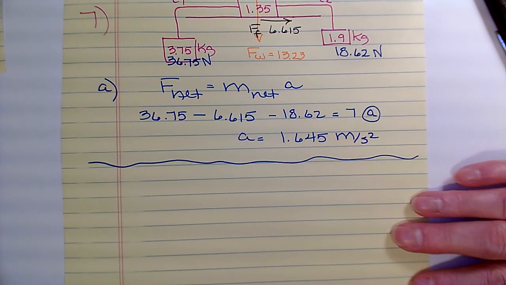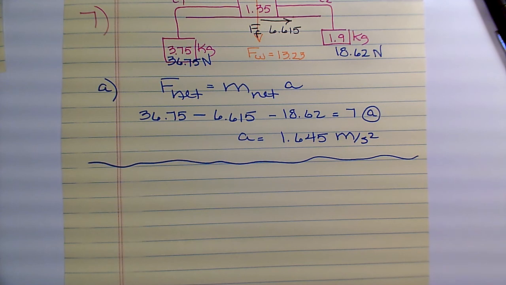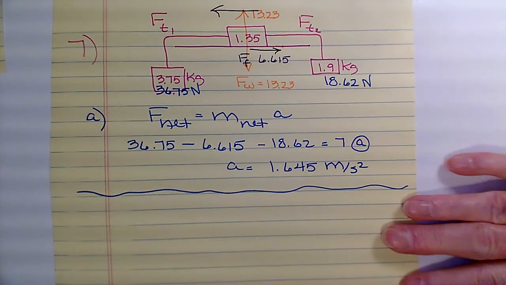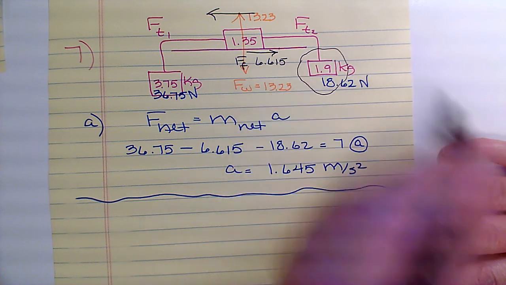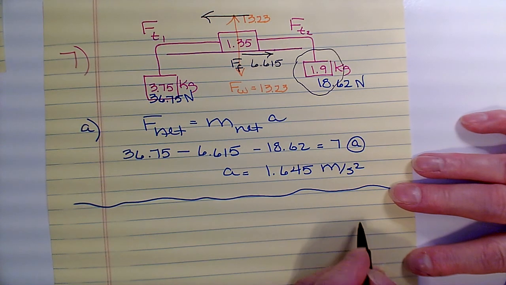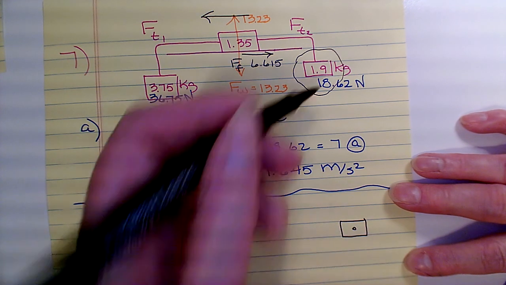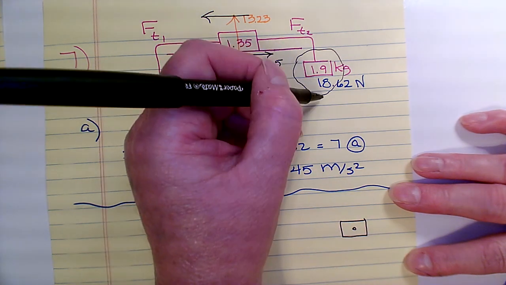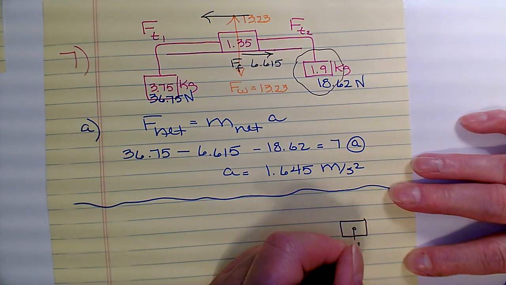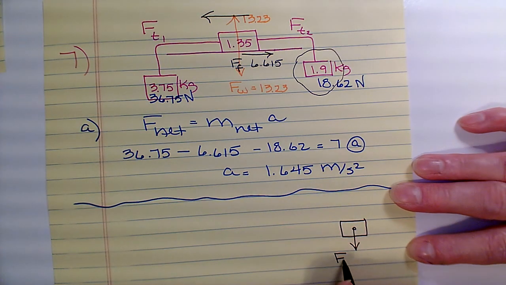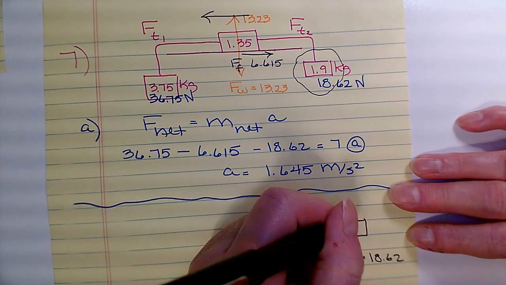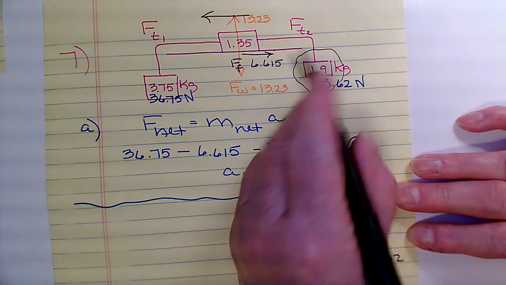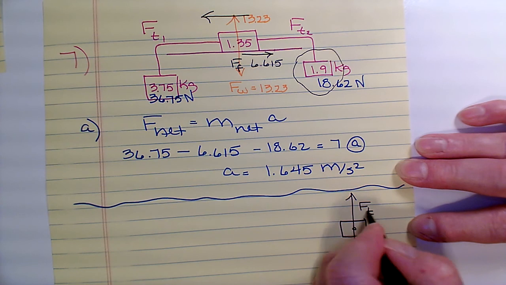All right, and then to find the tension in the string, we just have to start someplace and draw a free body diagram. So I'm just going to start with this because it looks simple. I'm going to draw that box and turn it into a dot. And I see that this box has Fw going down, but I'm going to draw the Fw arrow short because he's not really going this way, 18.62. I'm going to draw the string that's on him, and I'm going to label it FT2.